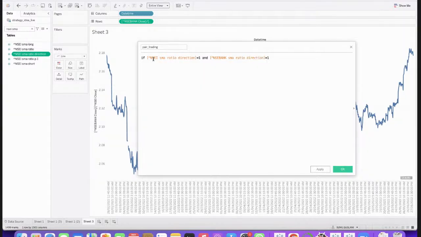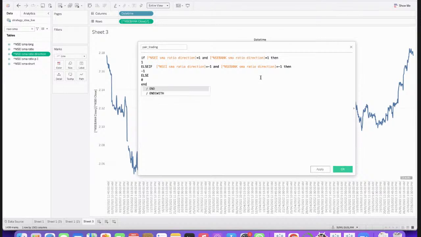If both are positive direction, uptrend, then I would say this ratio will also be uptrend. Then I will pass 1. And else if both are -1, then -1. If the condition doesn't meet either of this, then 0.